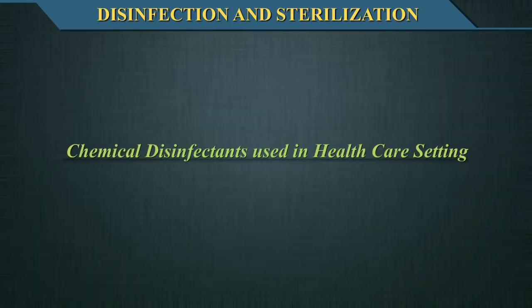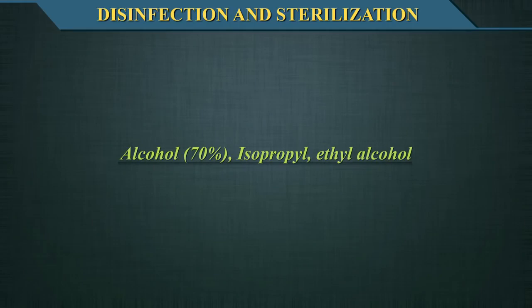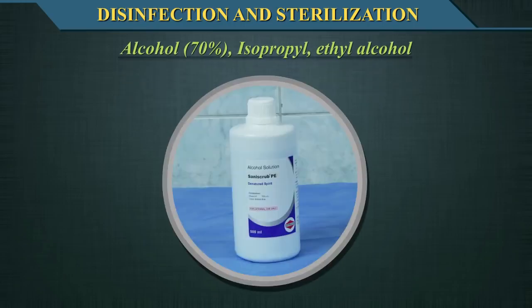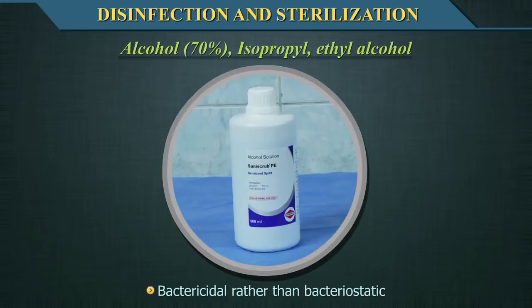There are various chemical disinfectants used in the healthcare setting. Alcohol, 70% isopropyl or ethyl alcohol. These alcohols are rapidly bactericidal rather than bacteriostatic against vegetative forms of bacteria.